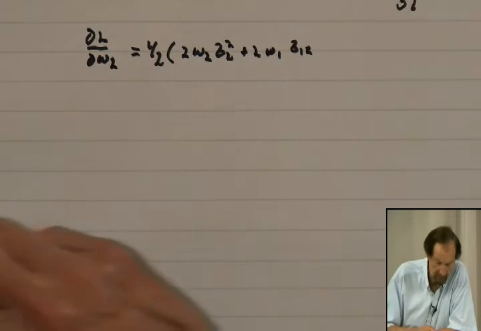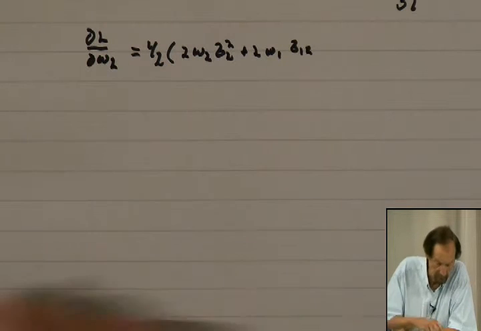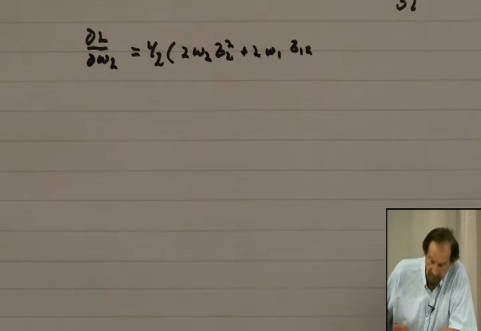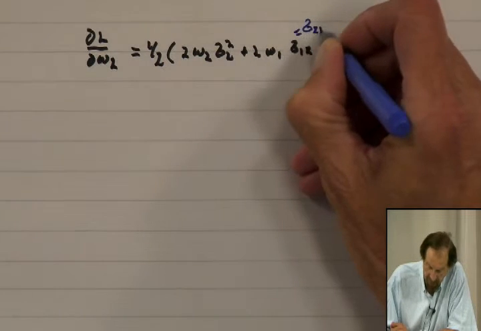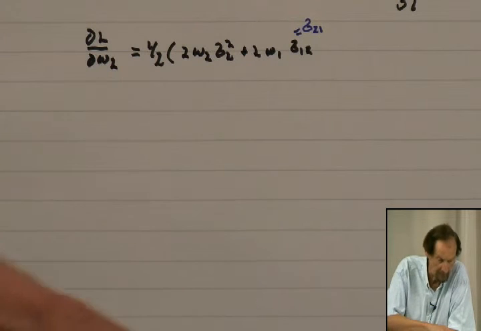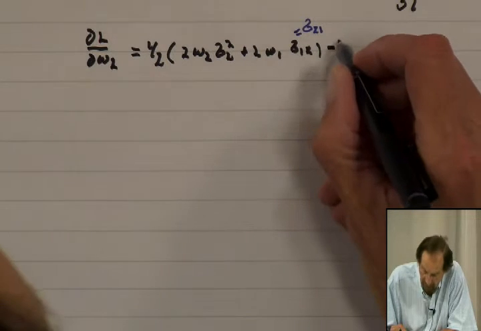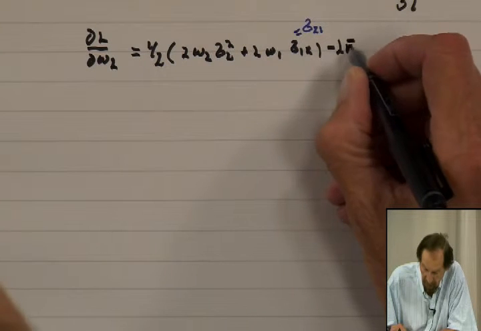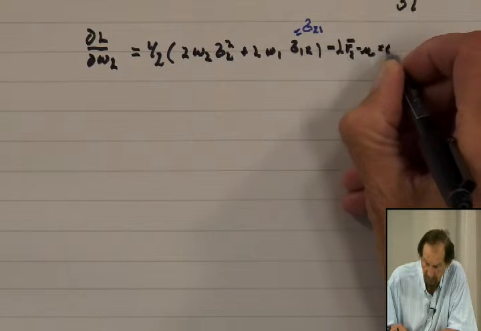Okay. And of course, sigma 1,2 we can say equals sigma 2,1. In fact, that's what it is, sigma 2,1 first, minus lambda r bar 2, minus mu equals 0.